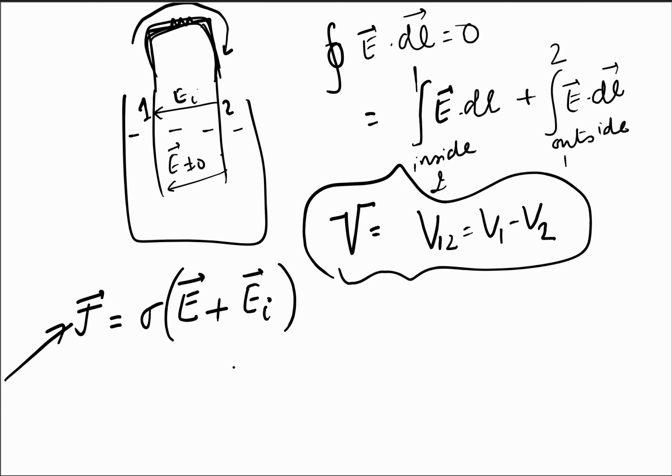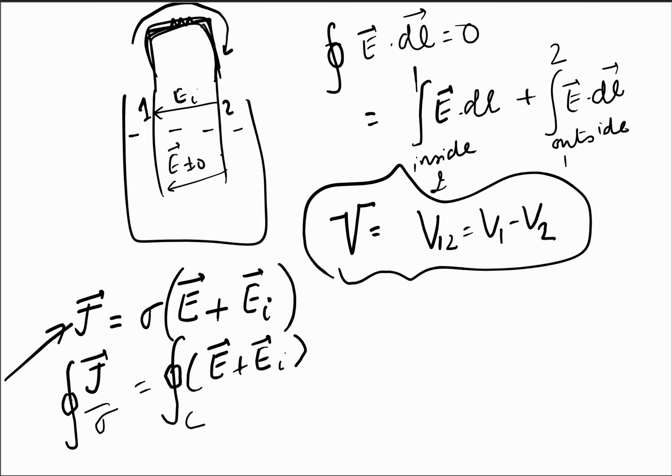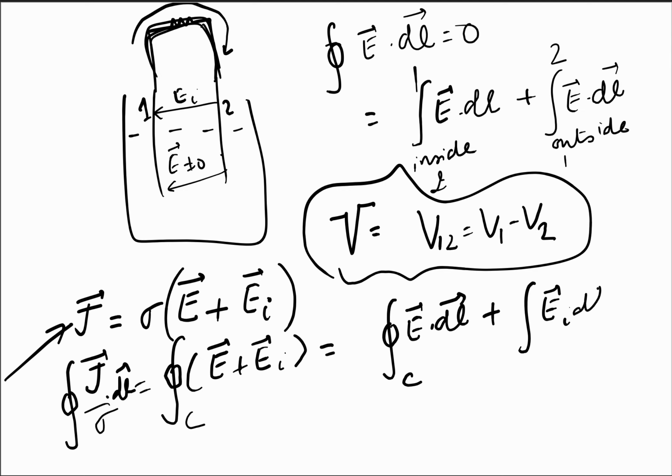Now, if I take the line integral along the full closed loop, I can see that this can be broken as the closed loop integral of E dot dl plus the closed loop integral of EI dot dl.